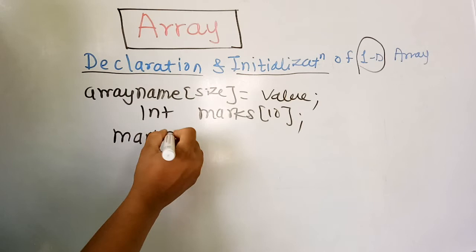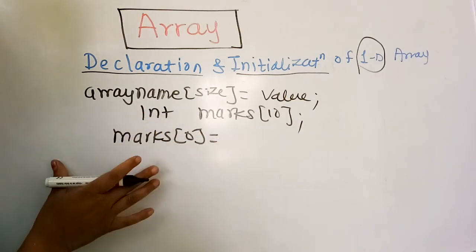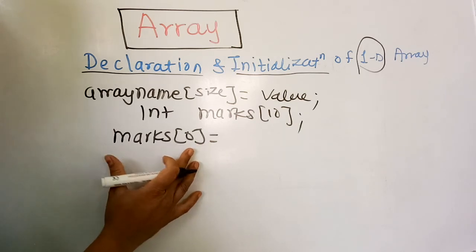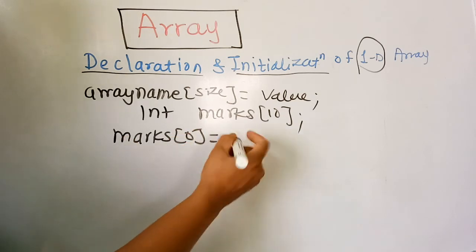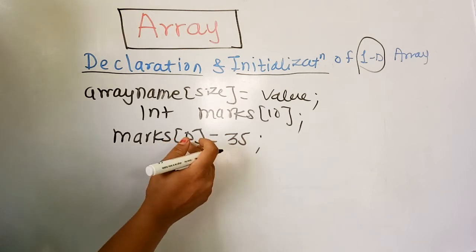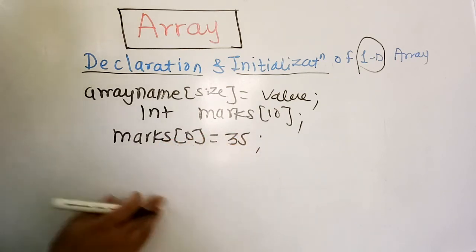Suppose there is the marks of the 0th position, meaning the first student's marks will be stored at the 0th position, and for example it is 35. Then we are giving the value of this position directly, and it is known as initialization.